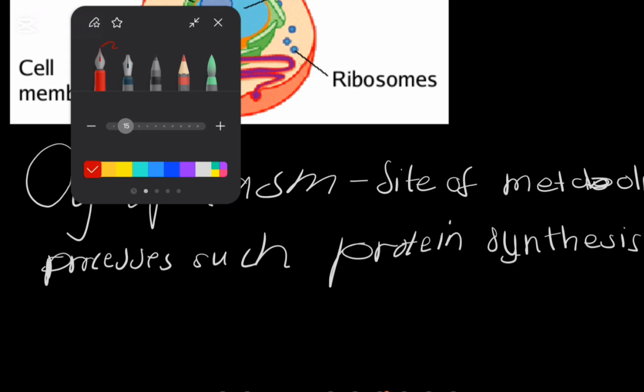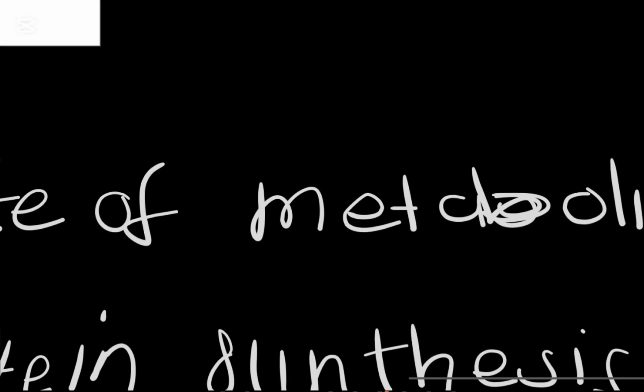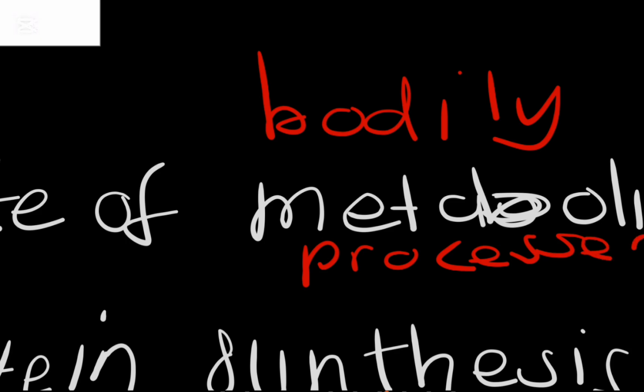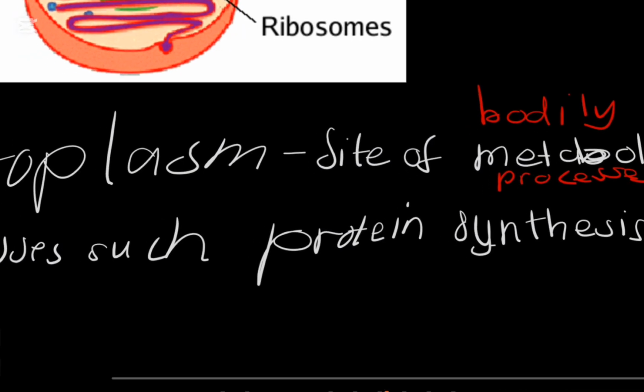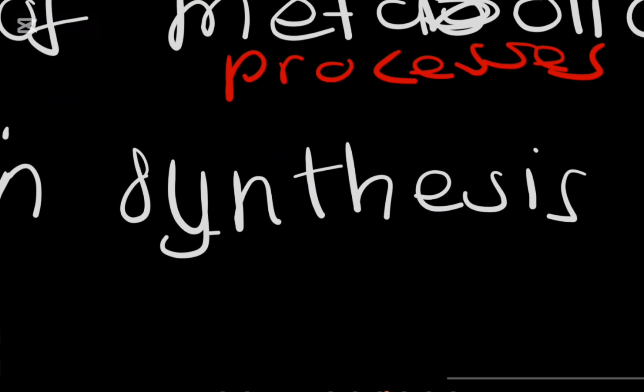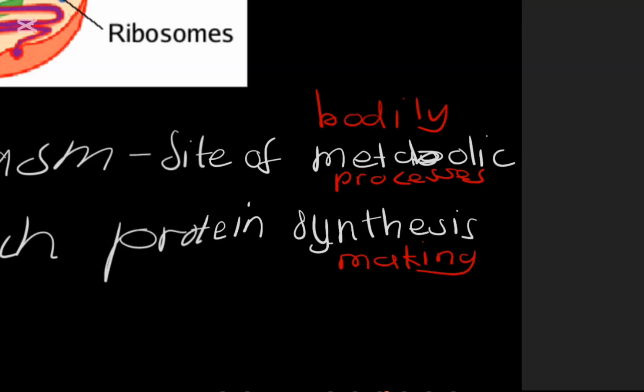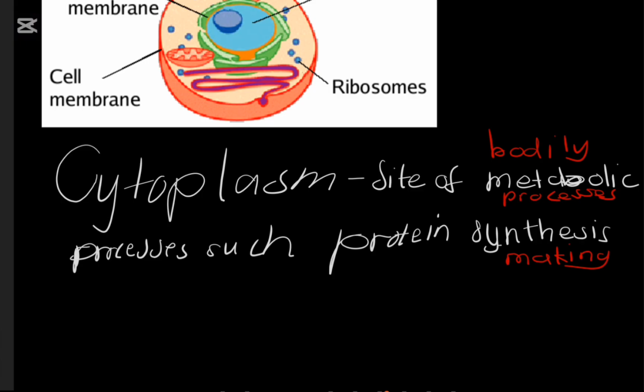You don't really need to stress about it. And then we come to synthesis. Synthesis basically just means we are making something. It's a fancy word to say making something. It's a science, so they have to be fancy. So we are making proteins, basically.